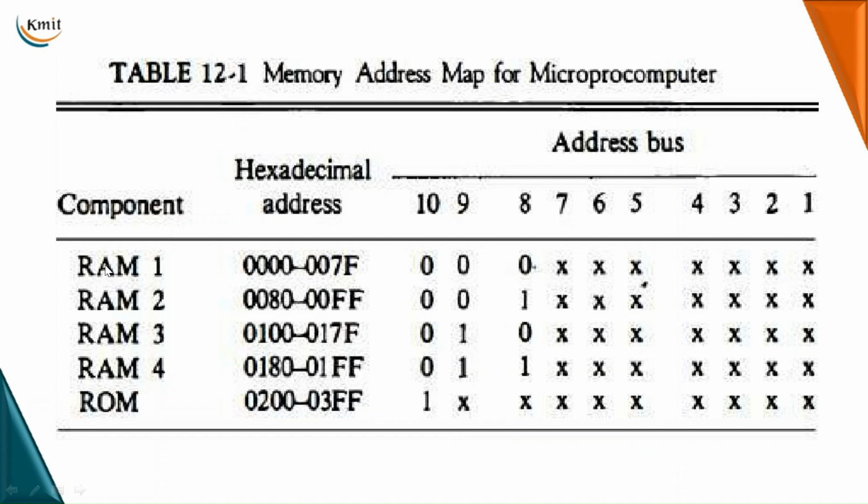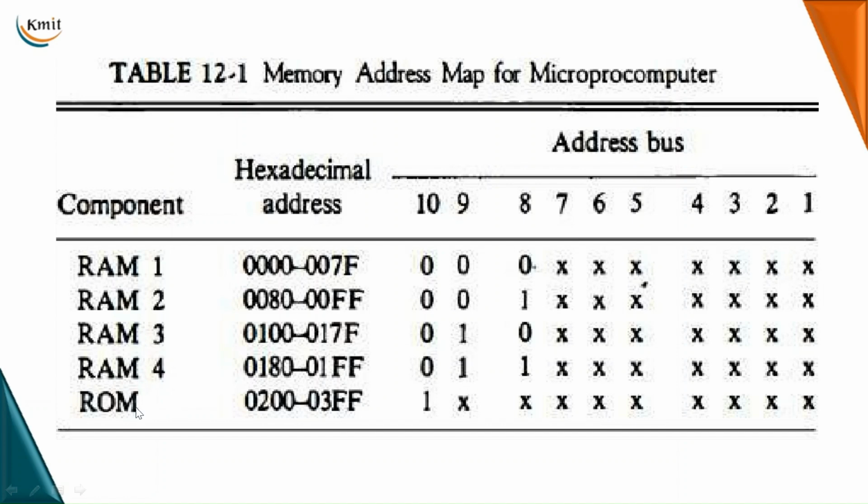Okay. And which RAM has to be selected, whether it is RAM 1, RAM 2, RAM 3, RAM 4, depends upon your 8th and 9th bit. So if the 8th and 9th bits are 00, RAM 1 will be selected. If it is 01, RAM 2, 10, RAM 3 and 11, RAM 4. That is how the address bus is specified for each and every RAM.